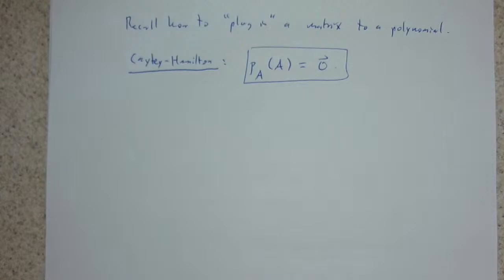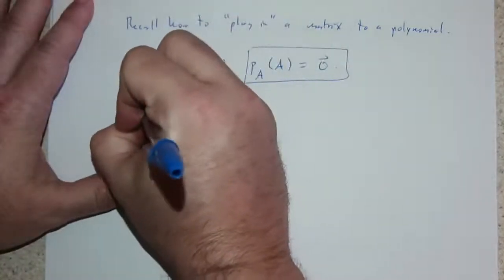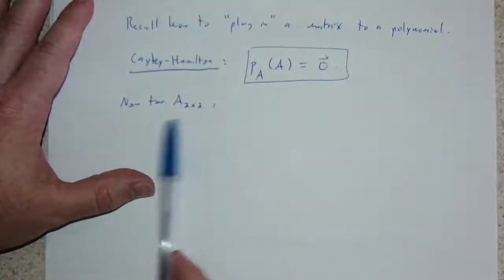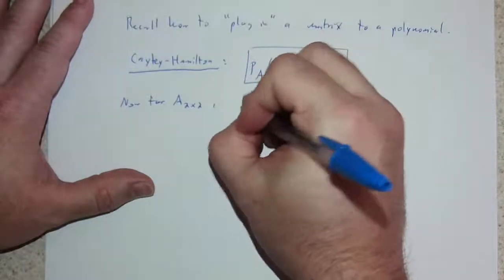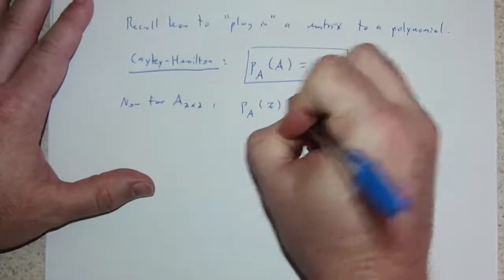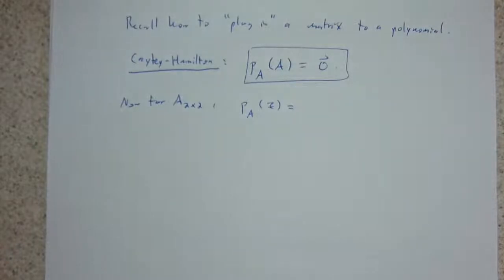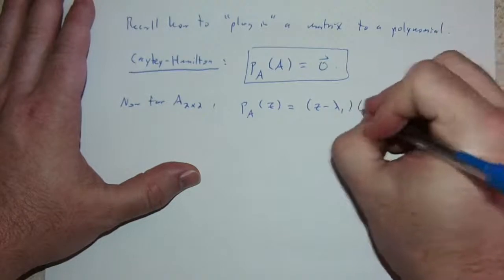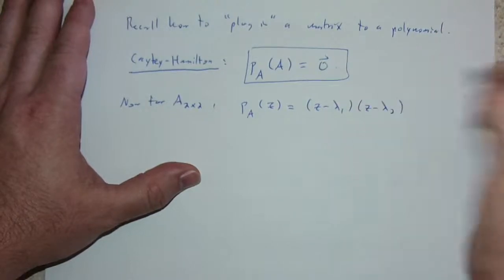Okay. Now, how does this help me at all? Well, the way that I think about this is, for a 2 by 2 matrix A, P sub A of Z can always be factored as Z minus lambda 1 times Z minus lambda 2.